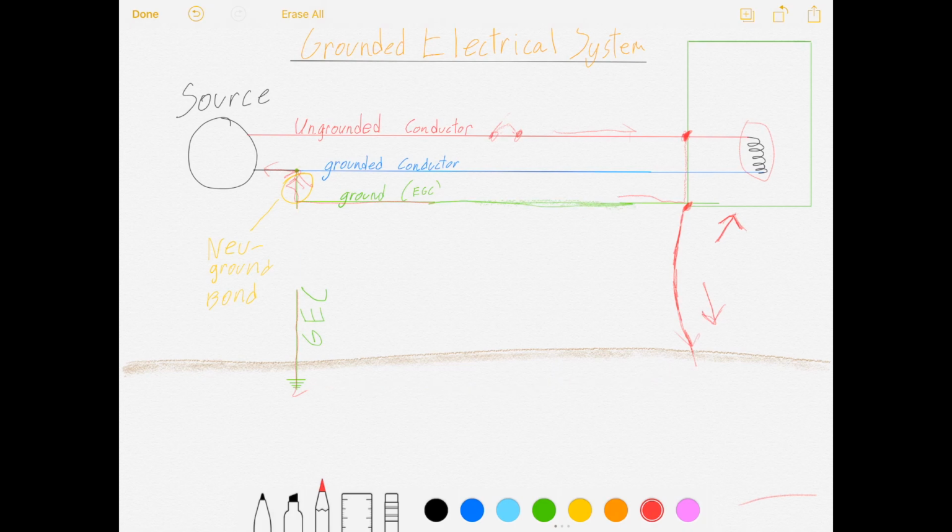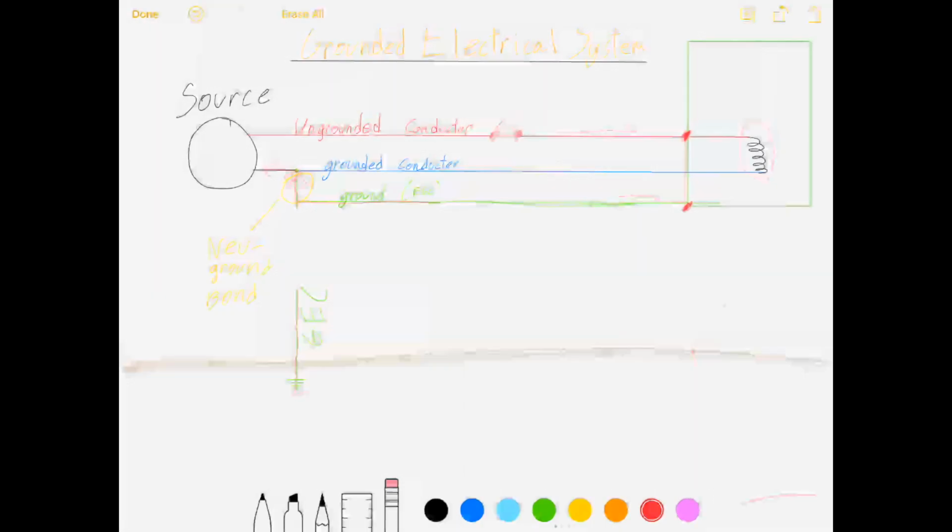If we were to not use the grounding electrode conductor, then if we had a different kind of fault where the ungrounded conductor were to come into contact with something that actually was connected to the earth, let's make this a different color because it's not actually touching any of these wires that we're crossing.